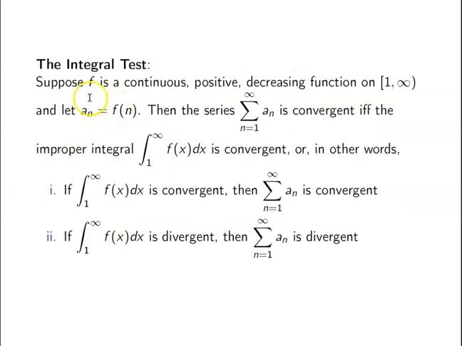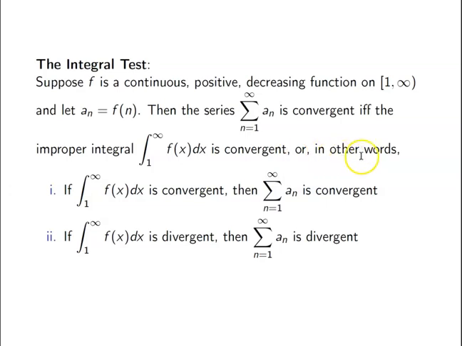The integral test says that if we have a function that is continuous, positive, and decreasing on 1 to infinity, and the integer values match up with the sequence terms and the function values, then my series is convergent if and only if the improper integral from 1 to infinity, over the same interval, is convergent.